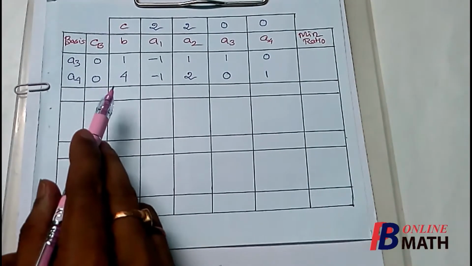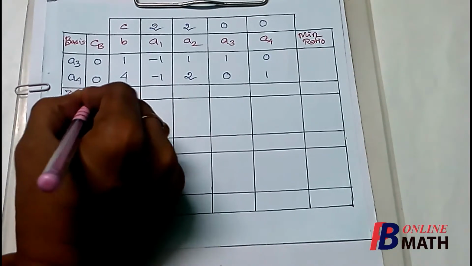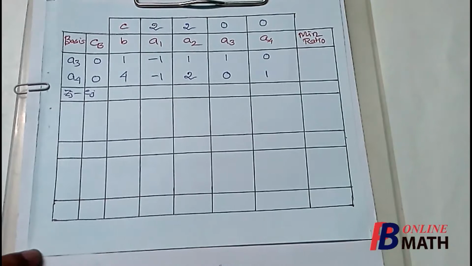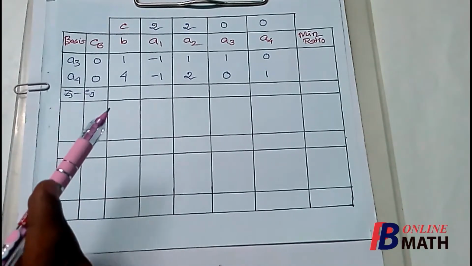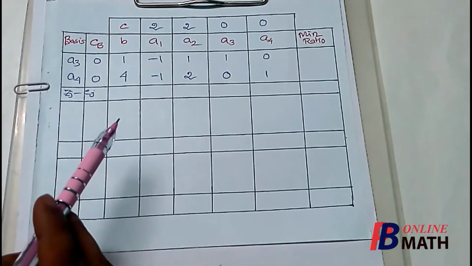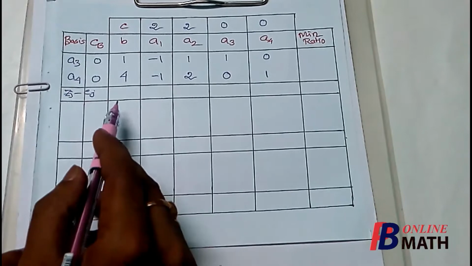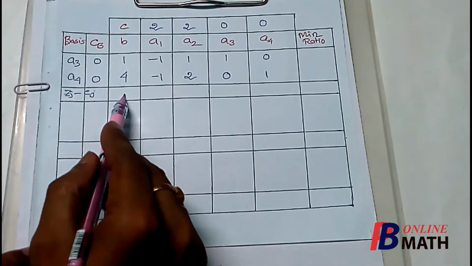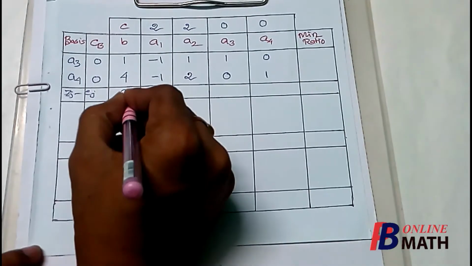Next we shall find all the values of zj minus cj to check for the optimality condition. We know that if all the values of zj minus cj are non-negative, then the condition is optimal. Now if we find this value, by the formula it will be 0 into 1 plus 0 into 4, so it is 0.